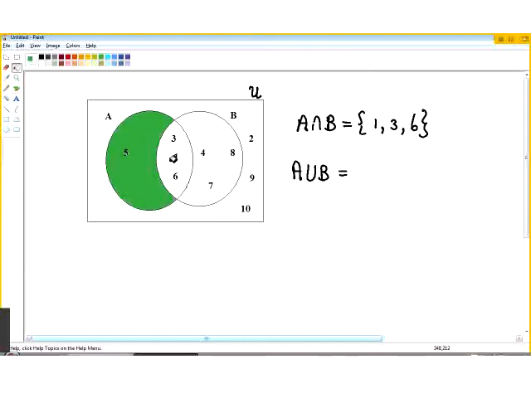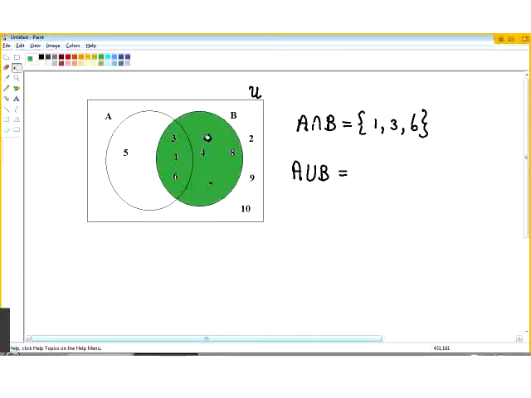A union B will be this region, which represents my set A, and this region, which represents my set B. So A union B would be the entire region indicated in green on the screen, because we have our region A and our region B, both joined together.